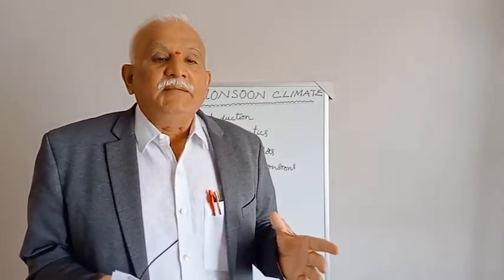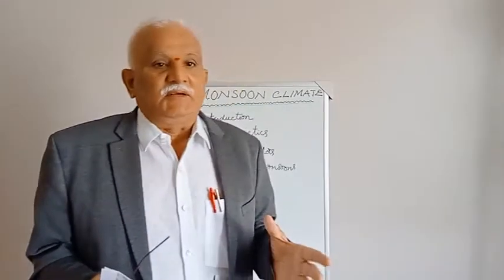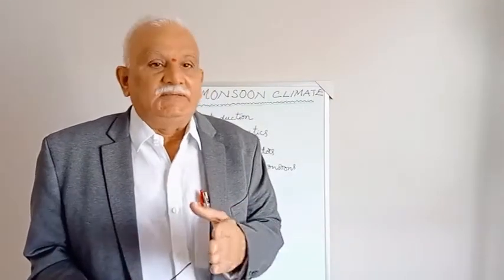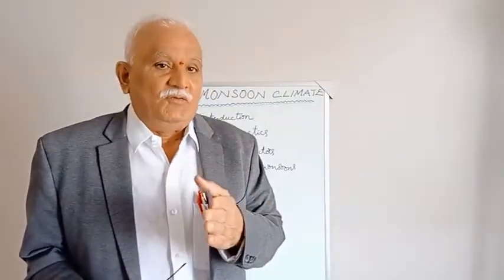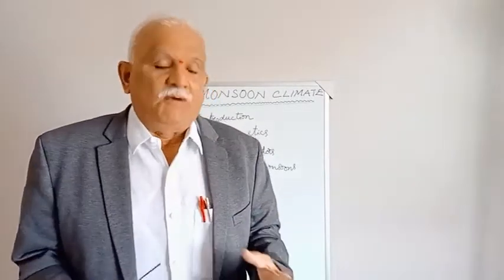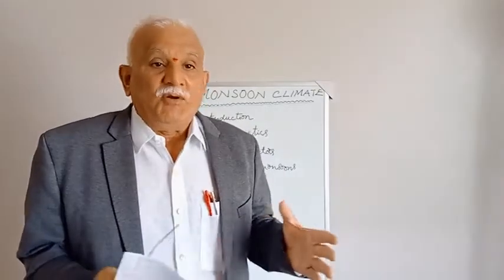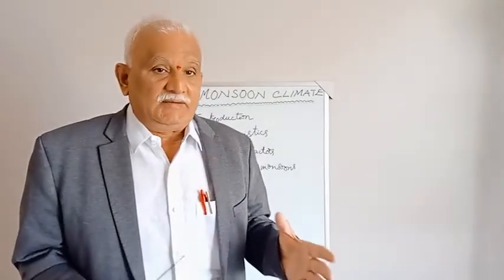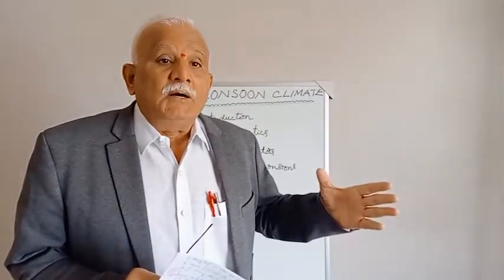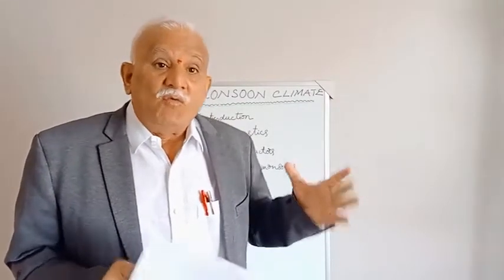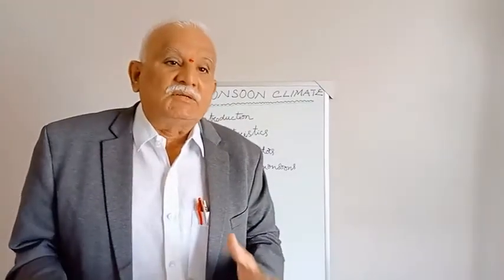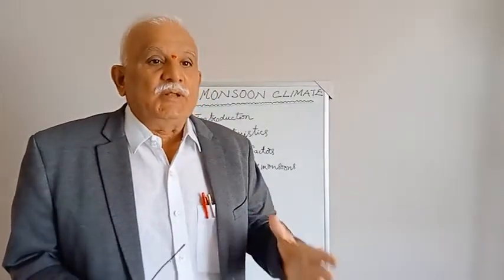The basic feature of the Indian monsoon is seasonal reversal of winds. So what is seasonal reversal of winds? Predominantly from the southwest direction, warm moist winds blow into the land mass during the months of June, July, August, September.